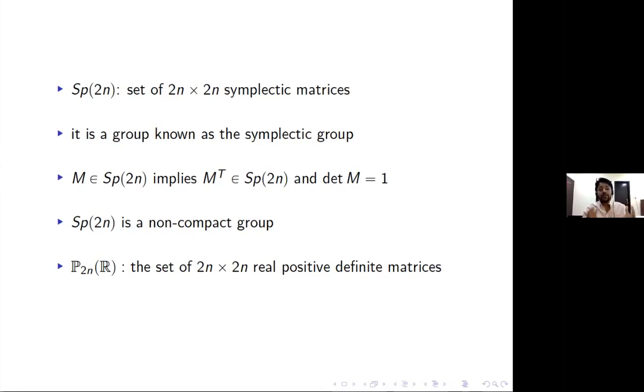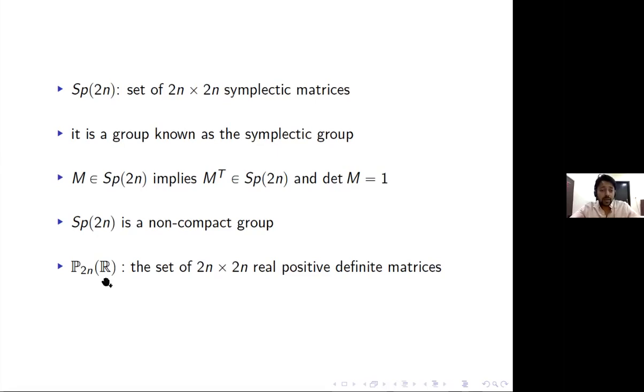But this symplectic group is a bit different from the orthogonal group in the sense that one of the main differences is that the symplectic group is a non-compact group, unlike the orthogonal group, which is a compact group.